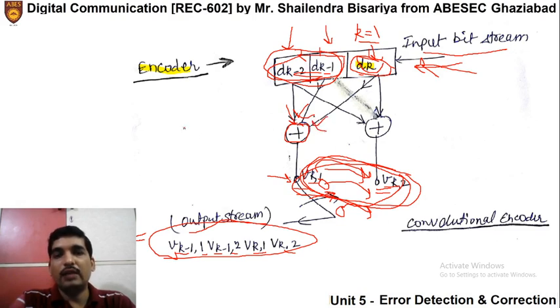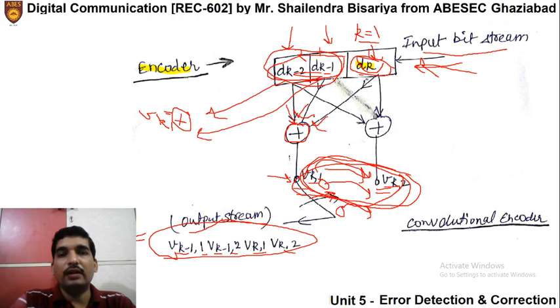So Vk minus 1, we can say here, is nothing but XORing of Vk minus 2, dk minus 1 and dk, right?